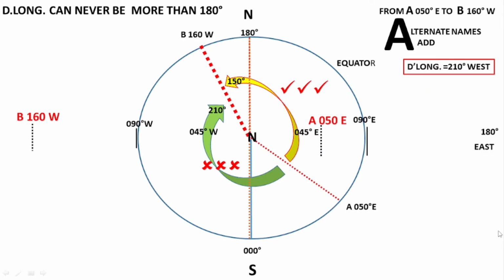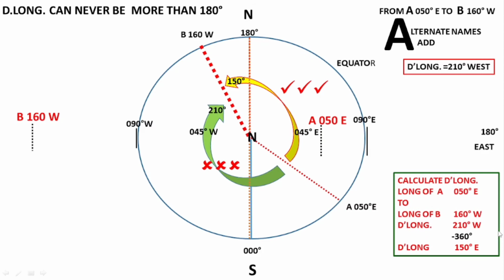Now, whenever you have these longitudes where the D.LONG is coming more than 180, different names always add, more than 180. Remember, it can't be more than 180. Subtract it from 360 and change the direction of the D.LONG.